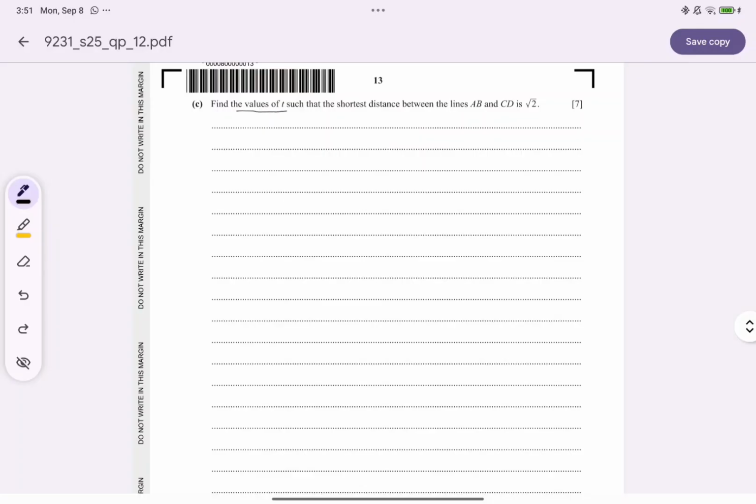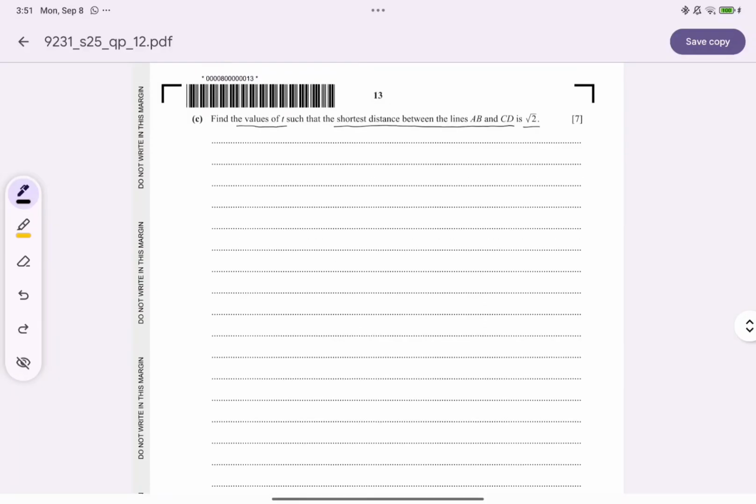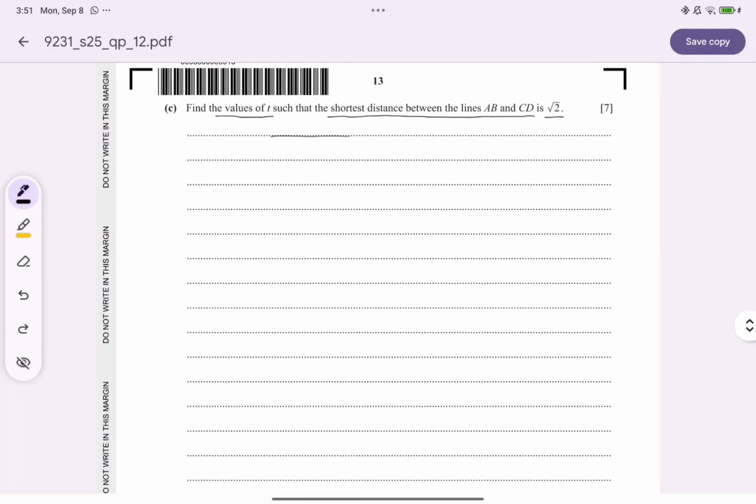Here we're going to have to find the values of t such that the shortest distance between the lines AB and CD is square root 2. Let's draw a sketch first of the lines AB and CD.